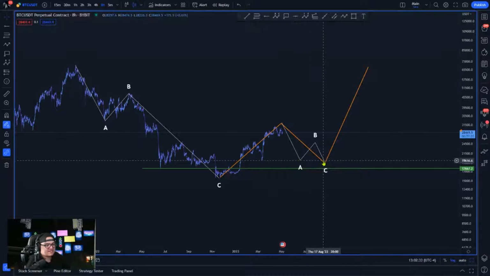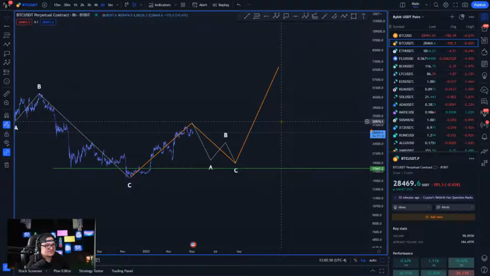We have to think it might take its time if we put in a larger pullback before putting in a new high, or at least testing new highs. This is the middle of the road option I have, but it still leads to a larger pullback regardless. That's pretty much the gist of the longer term time frame.